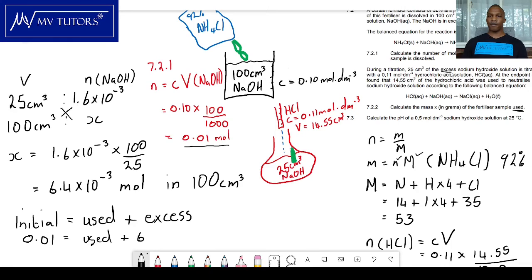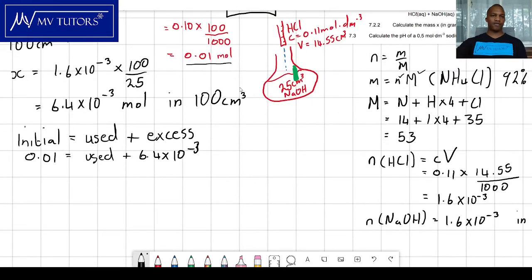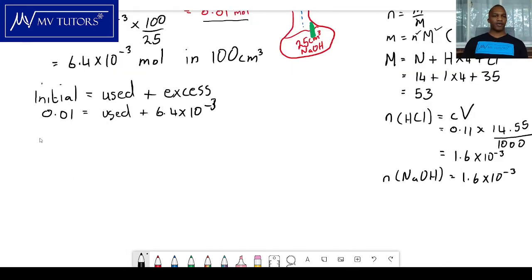So this is the excess one, and when we upscaled it, it was 6.4 times 10 to the power minus 3. So in order for us to solve for the used ones, the used number of moles is equal to 0.01 minus 6.4 times 10 to the power minus 3.